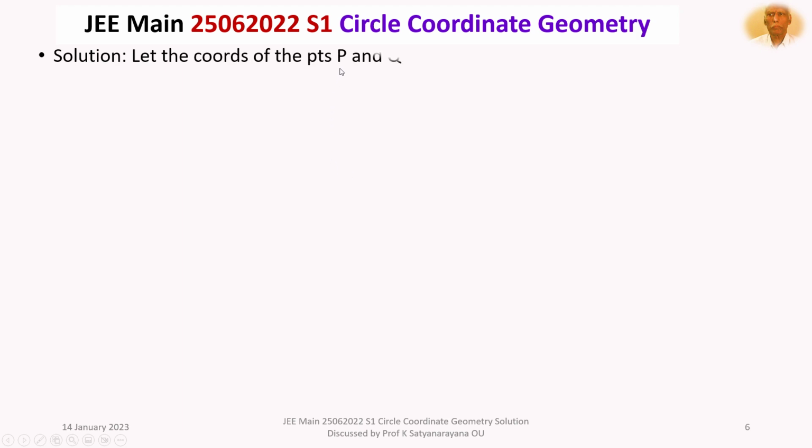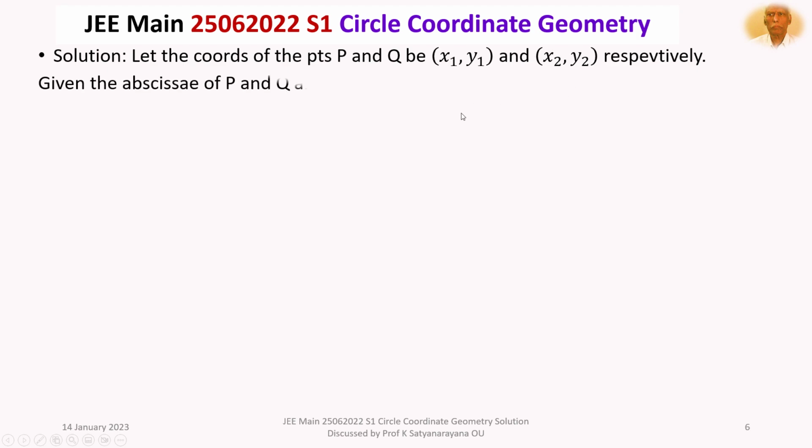We now discuss the solution of the problem in detail. Let the coordinates of the points P and Q be x1, y1 and x2, y2 respectively. It is given the abscissae of P and Q are the roots of this quadratic equation 2x square minus rx plus p is equal to 0. Abscissa means the x coordinates, that is x1 and x2 are the roots of this equation.